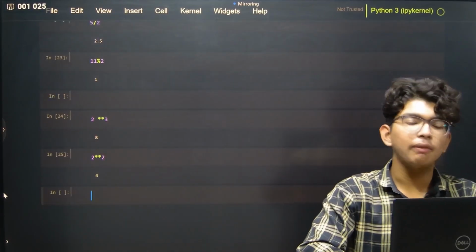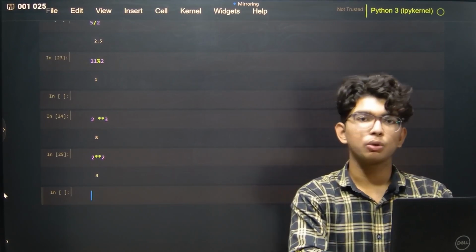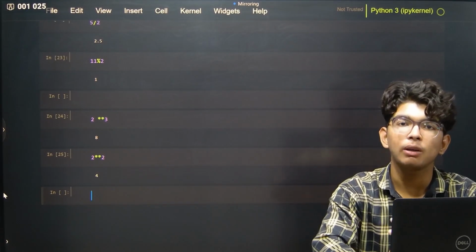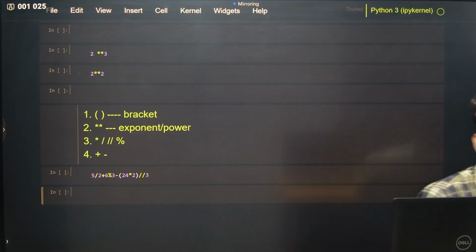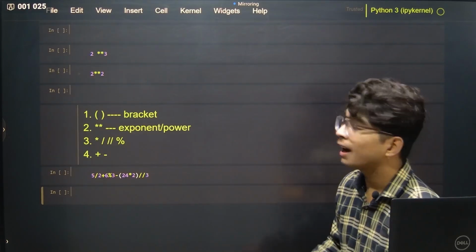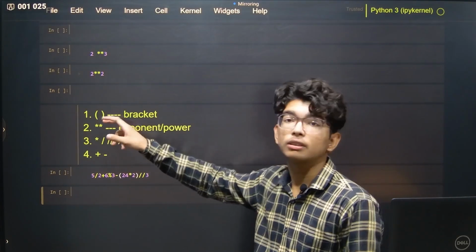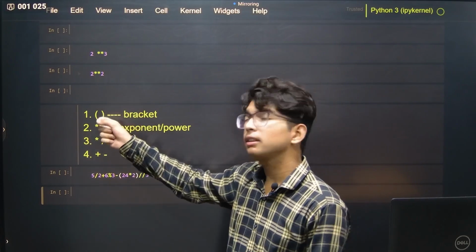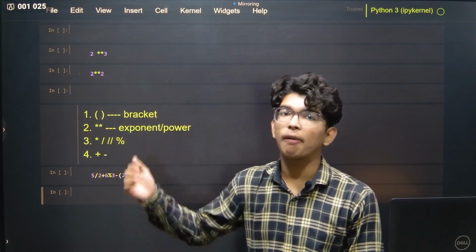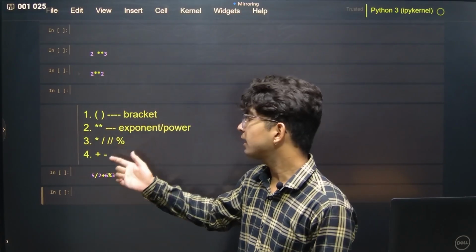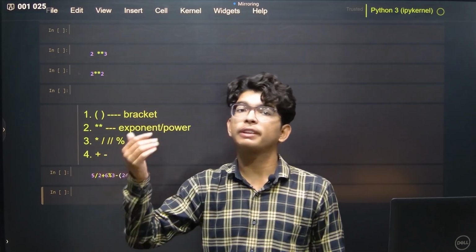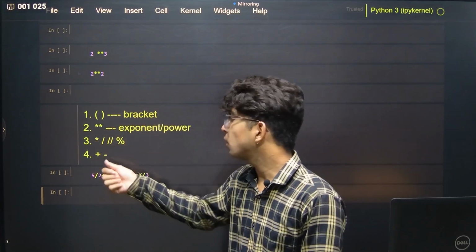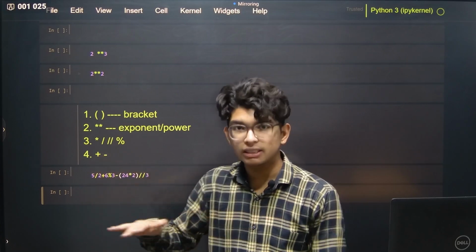Now I have talked about the precedence, right? So let's do an example to get a better idea of what precedence is here. Well, now let's clear our precedence. First, keep this in mind: bracket has the highest precedence, after that exponent, after that these four have the same precedence level, and lastly we got these two at the same level.